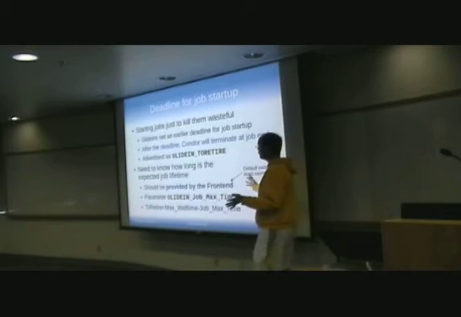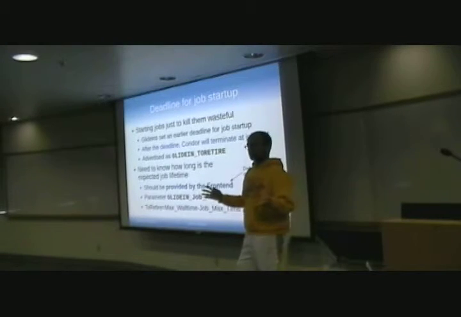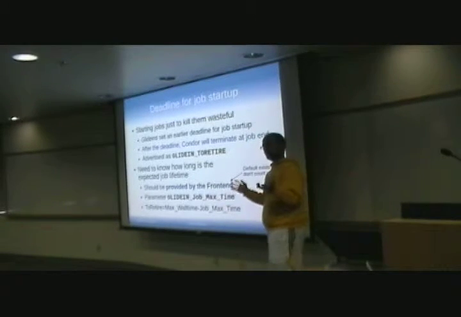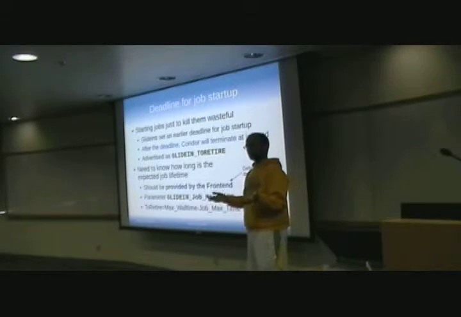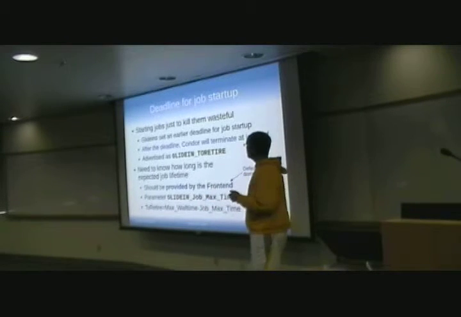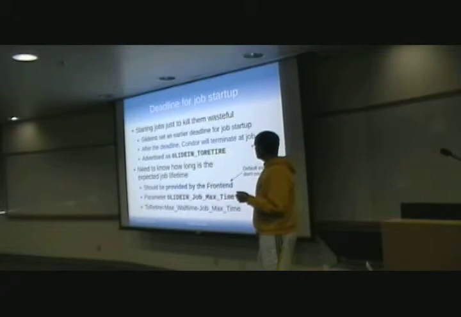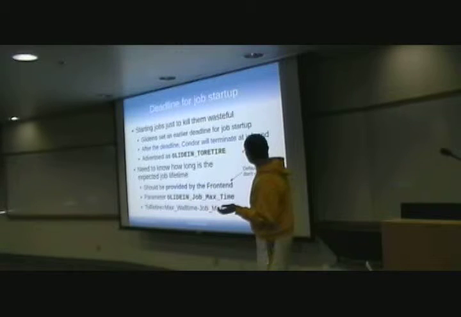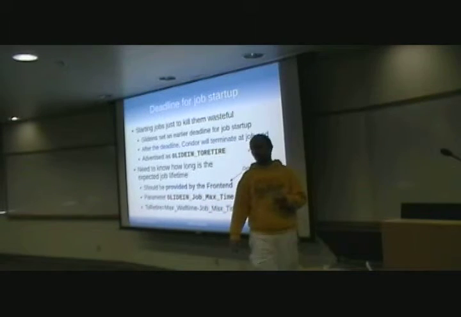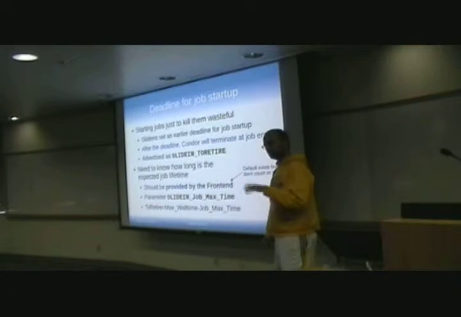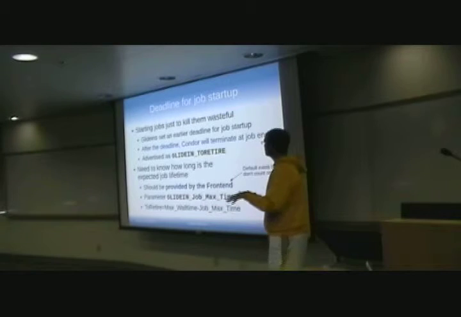As I said, starting jobs just to kill them is wasteful. So even if you may not have any information on how long the jobs are supposed to run, try not to start jobs that are likely to be killed. The glideins themselves do something automatically, so that you don't need to do it explicitly.